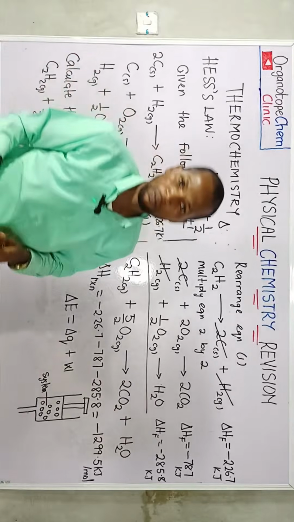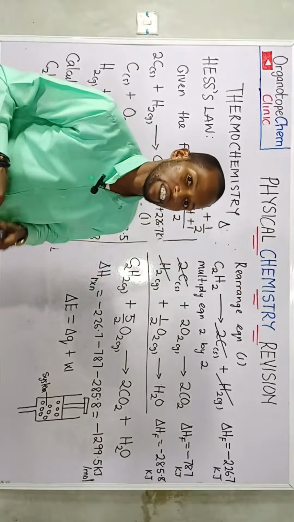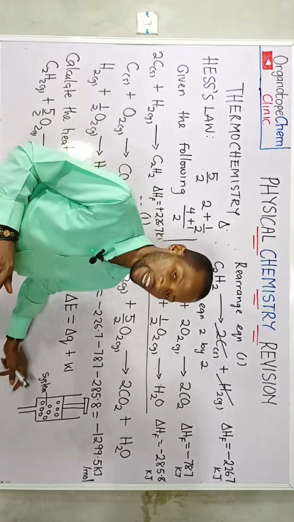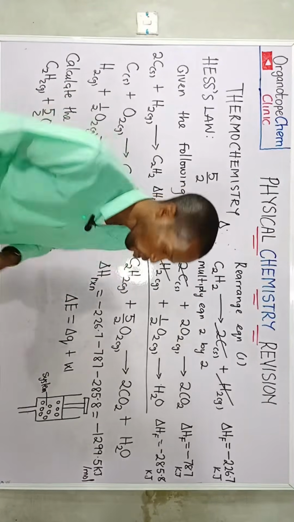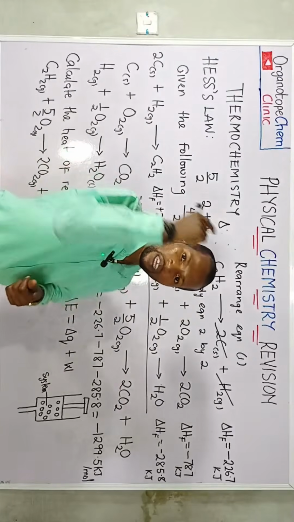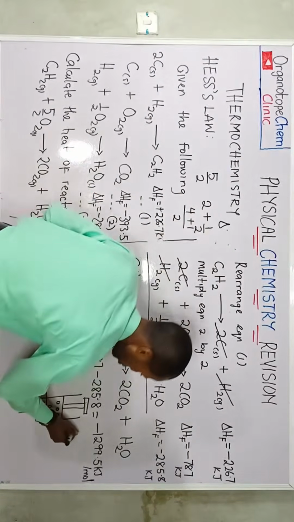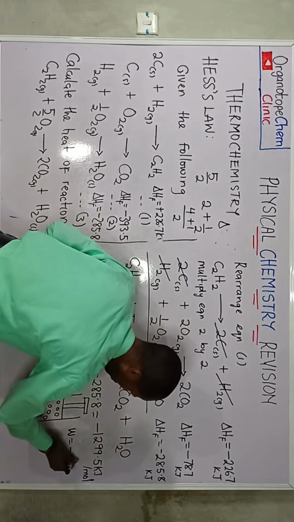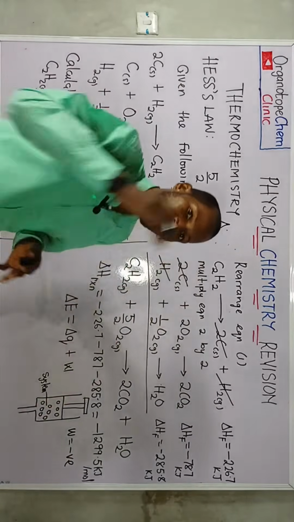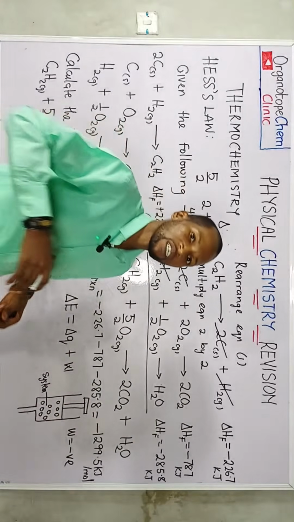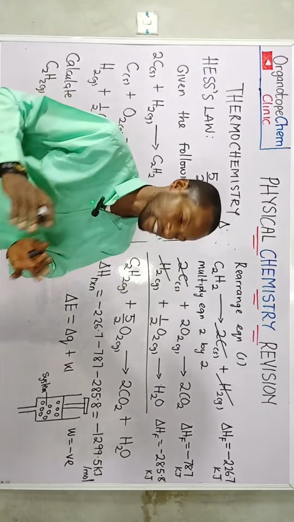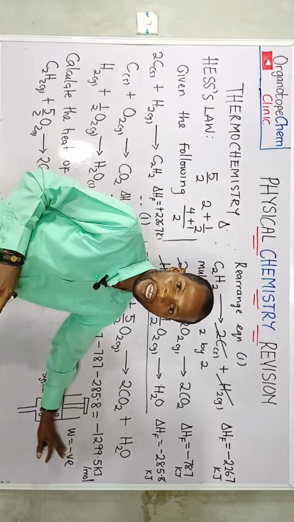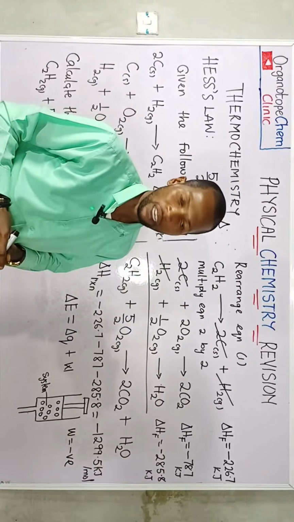So when the system does work against the surrounding, it implies that the system is losing energy. So for work done by the system against the surrounding, W will be what? Negative. So that means it results into expansion. So expansion of gas has what? Negative work done. Is that okay?